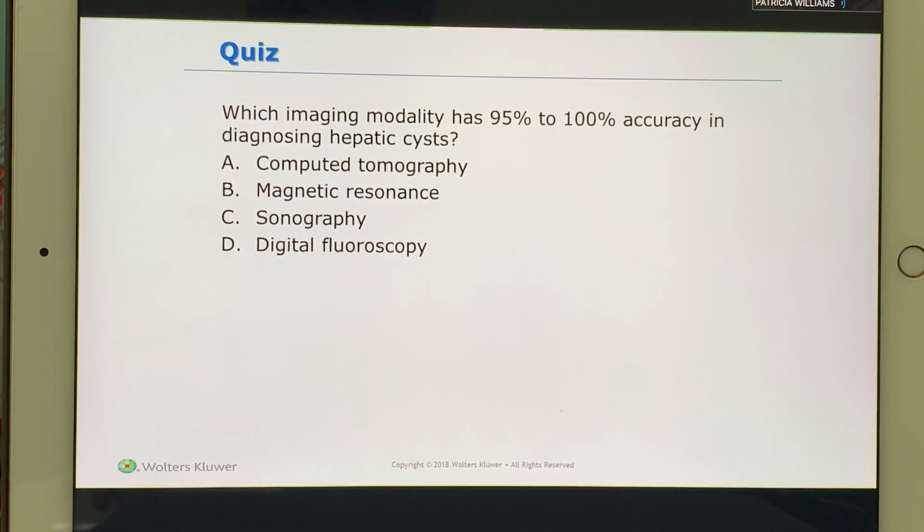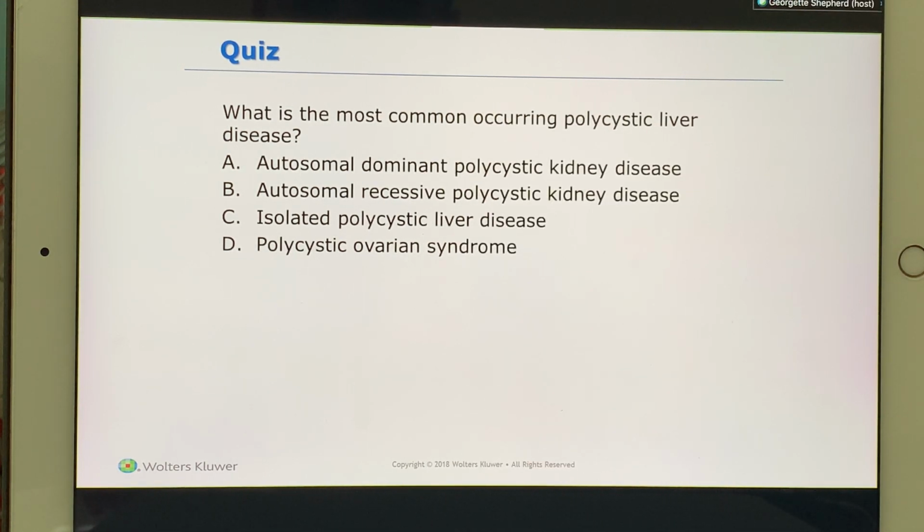Which imaging modality has 95 to 100% accuracy in diagnosing hepatic cysts? CT. Sonography. What is the most common occurring polycystic liver disease?